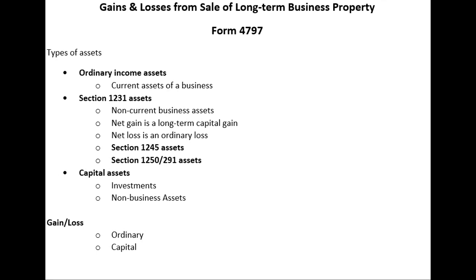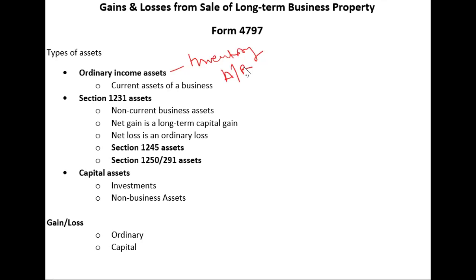So, the assets which are acquired or produced with the intention of being sold in the ordinary course of business, which may include inventory, or accounts receivable, or any self-created artistic work.